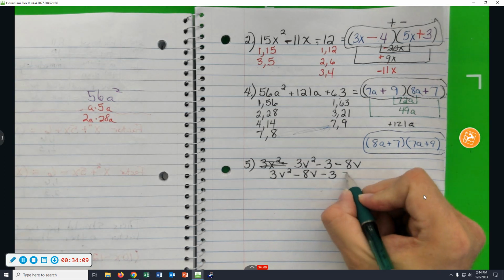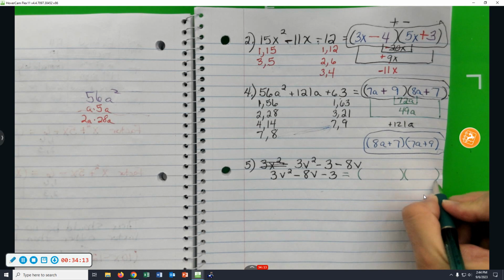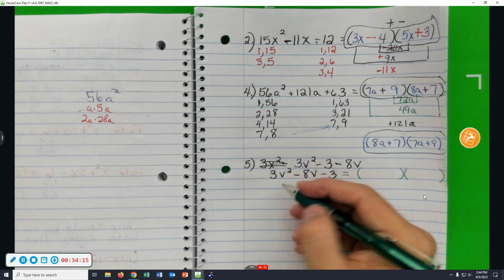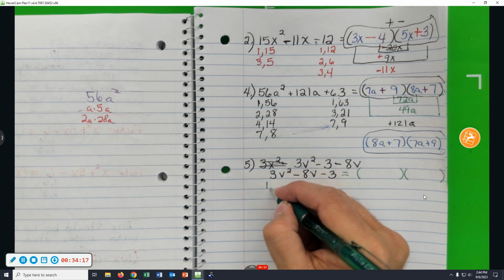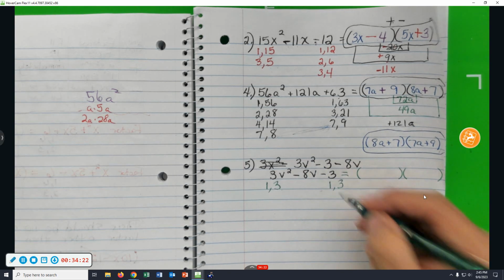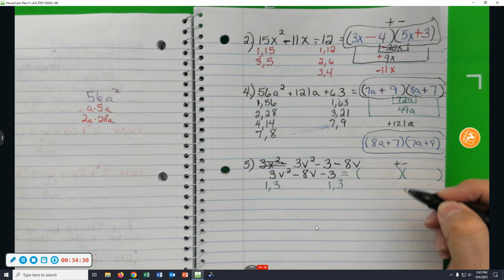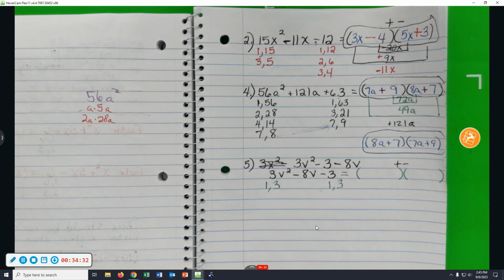Because for 3, if you're using positive integers, there's only one pair that'll give you a 3. What times what equals 3? 1 times 3, okay. What do we know about the signs? The last sign's a minus, so you have 1 plus and 1 minus.